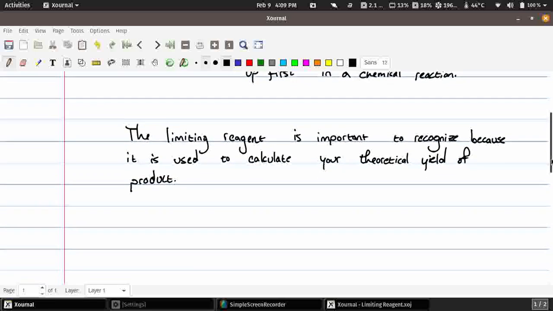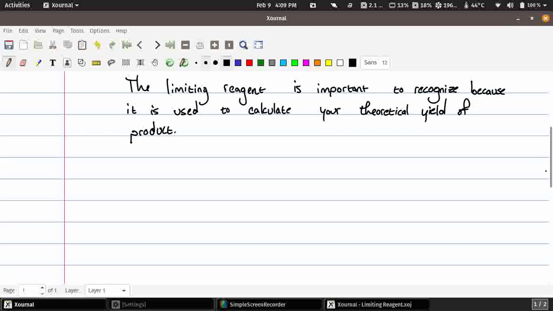I'm going to show you how to calculate theoretical yield when we find the limiting reagent, but to find efficiency, it's the same thing as percent error. Well, not exactly the same, but you can calculate the efficiency of your reaction by actual over theoretical times 100%.